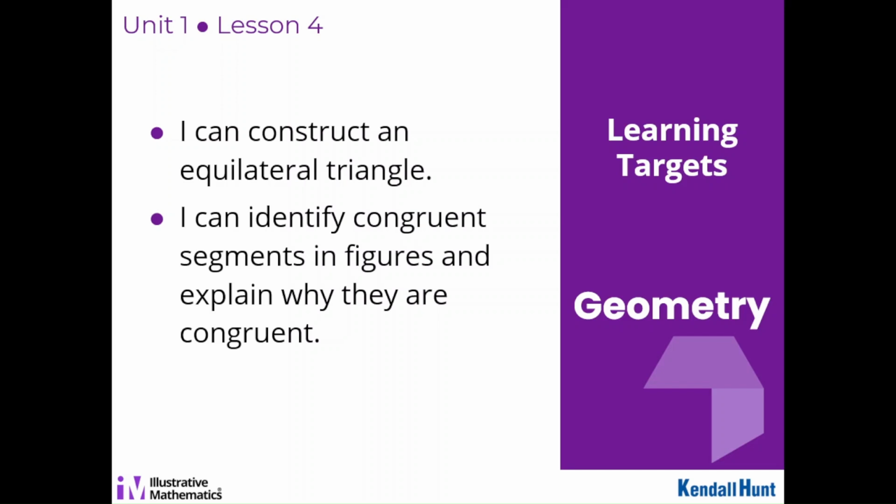This means a triangle where all three lengths are the same and all three angles are the same. Learning target number 2 says I can identify congruent segments in figures and explain why they are congruent.